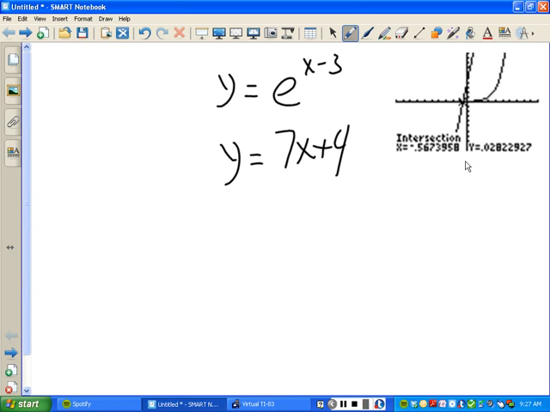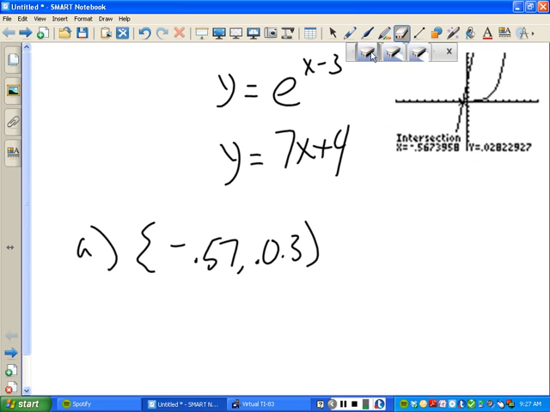If you look at the choices on a multiple choice test, and you see like answer A is negative 0.57 and 0.03, and you see something like this.